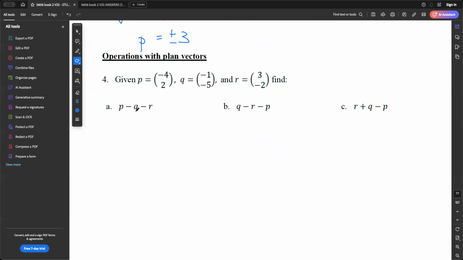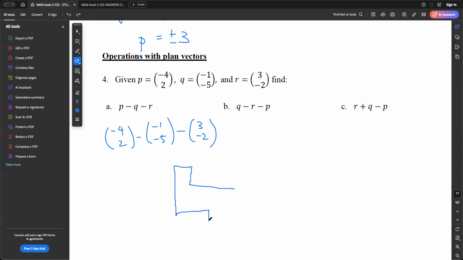In these kinds of questions, like I said, this is for maths only. P is negative 4, 2, minus Q, which is negative 1, negative 5, minus R, which is 3, negative 2. So what you're going to do is just do the top and then do the bottom. What we're really looking for in the end is this answer here.